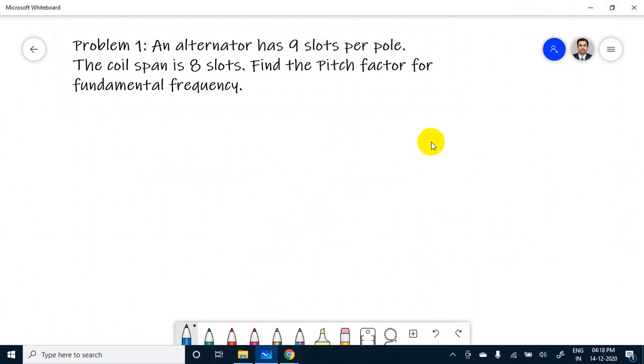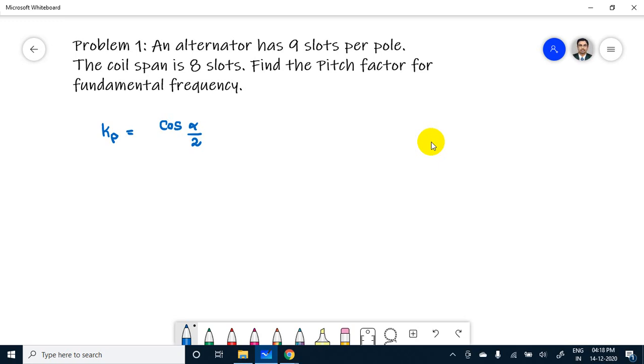Now you please go through the problem. This is an alternator with 9 slots per pole, and using this you have to calculate the pitch factor for fundamental frequency. You know the formula: Kp equal to cos alpha by 2.